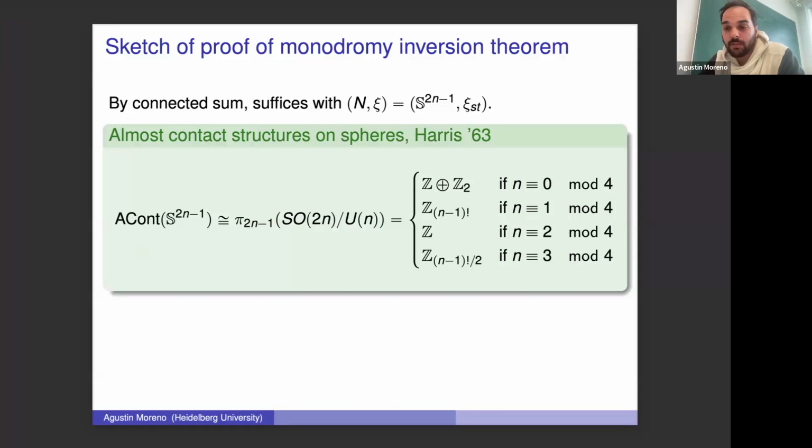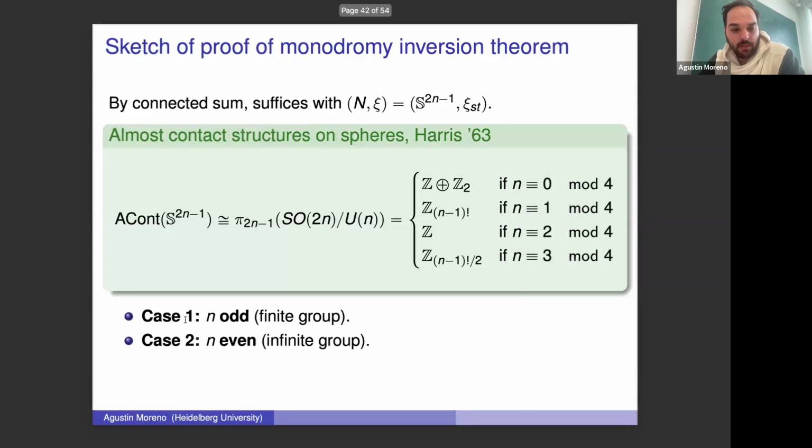And there are four different cases according to the value of n modulo 4. Half of them you have a finite group, which is n equals 1 or 3 mod 4. And then the other cases have infinite groups, Z and Z plus Z2. So this gives us two different cases. Case 1, where n is odd, corresponds to a finite group. Case 2, n even, corresponds to an infinite group.